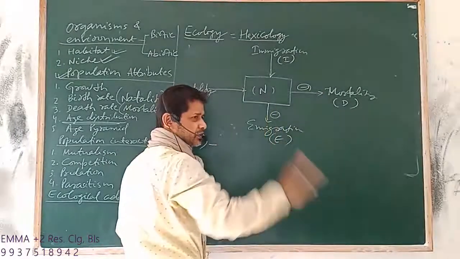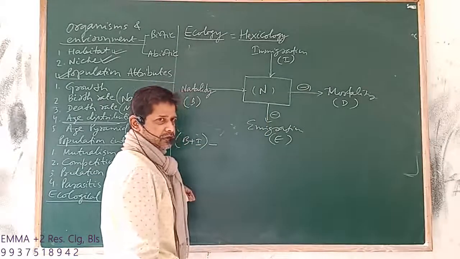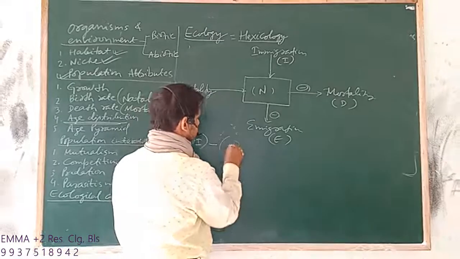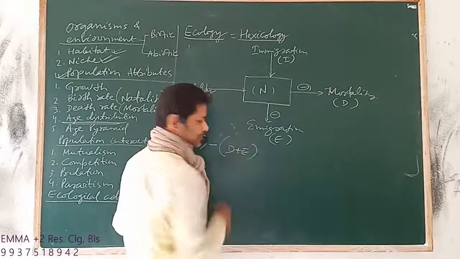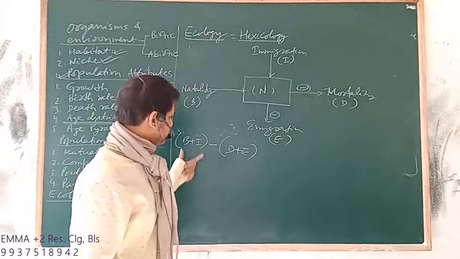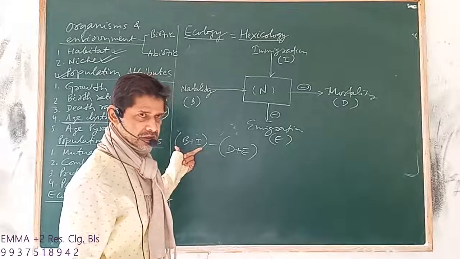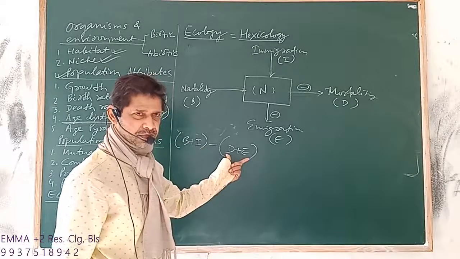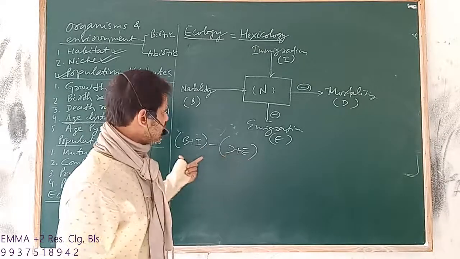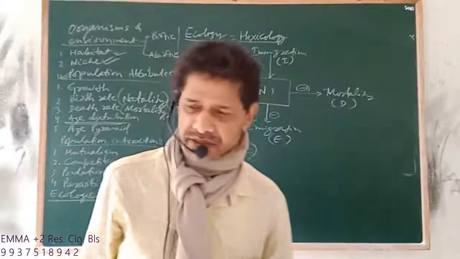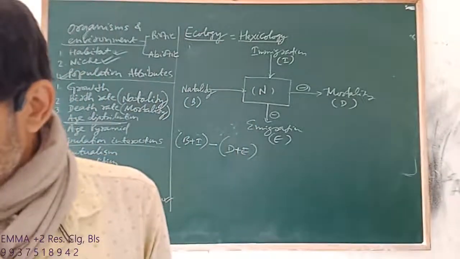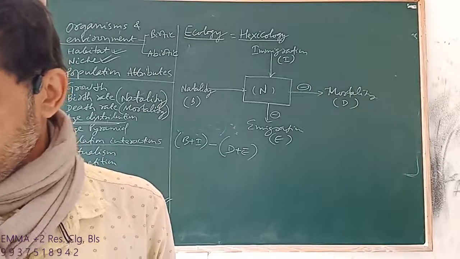They are reducing the organisms of a population. So D plus E. If we deduct the total number of decrease of the organisms from the total number of increase, then we can get how the population is growing.